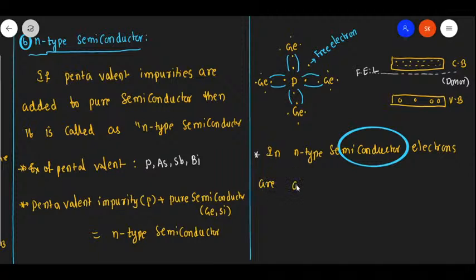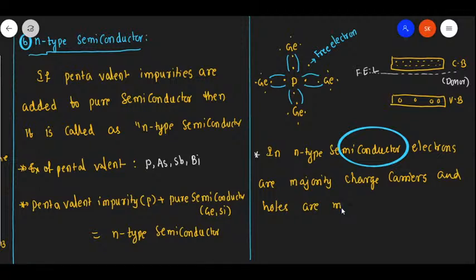Electrons are the majority charge carriers, and holes are the minority charge carriers.